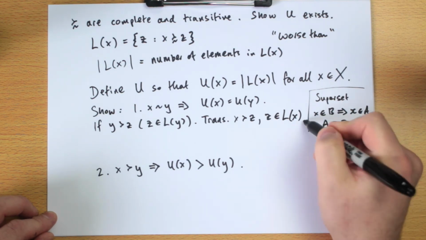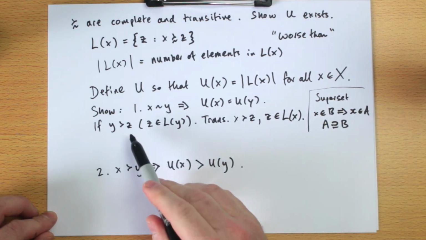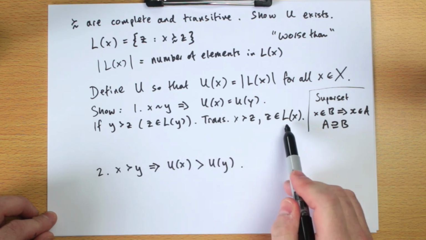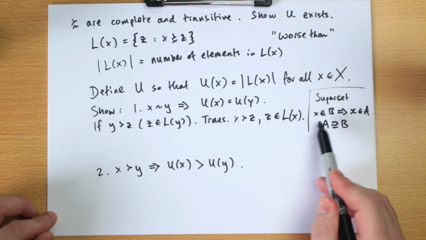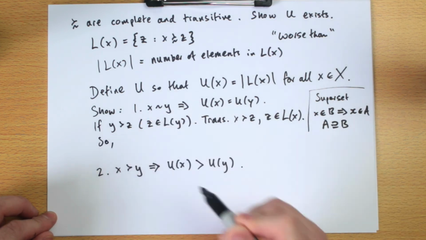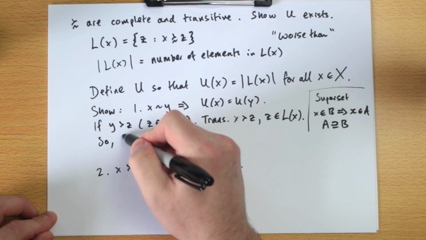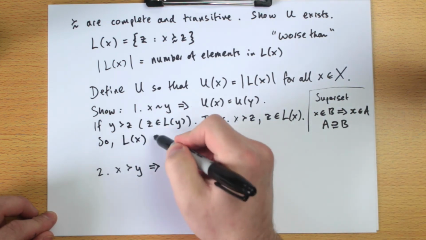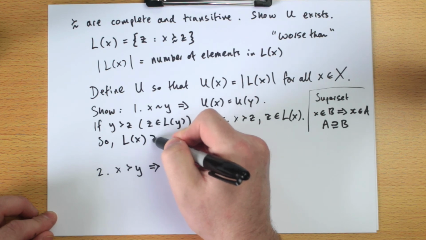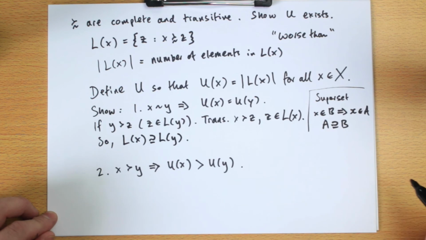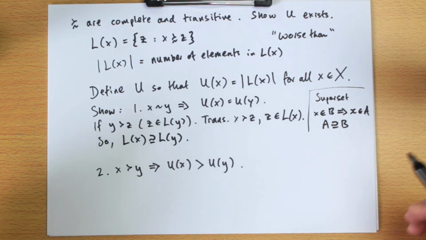So what we've said here is that anything that belongs to Ly also belongs to Lx. Does this seem familiar? Anything that belongs to one set belongs to the other set. So I can say that this Lx set contains everything that's in Ly. So it's a superset of, or equal to, Ly. Okay, so that's the first step.